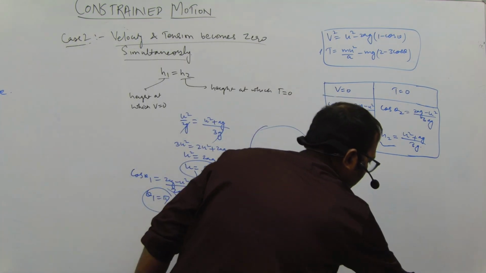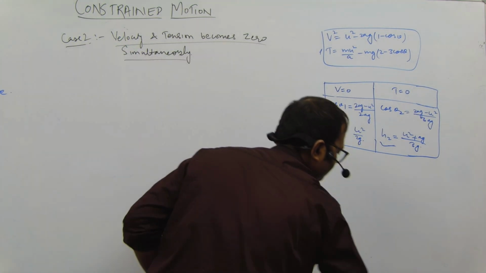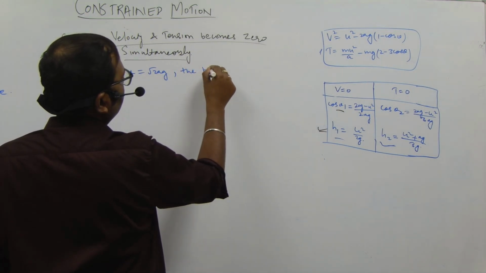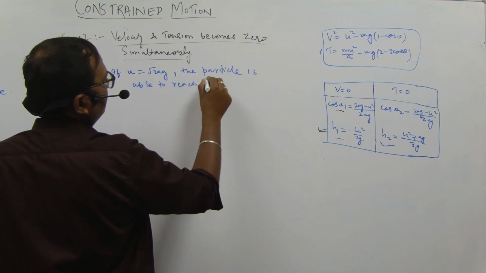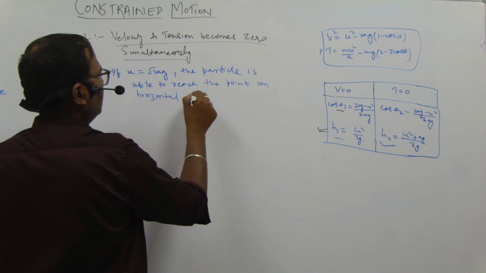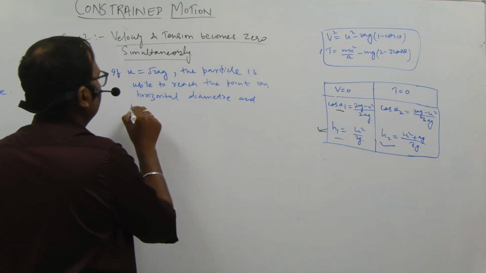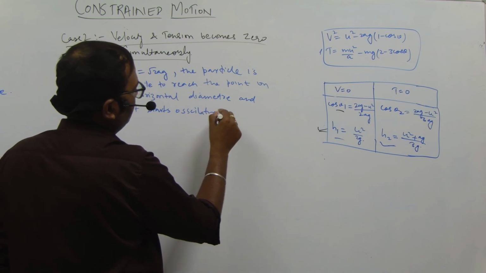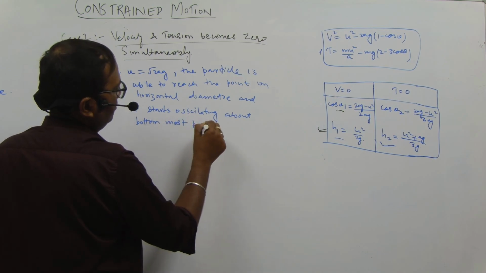Okay, so let us write the conclusion here. If u is equal to root under 2ag, the particle is able to reach the point on the horizontal diameter, and it starts oscillating about the bottommost point.